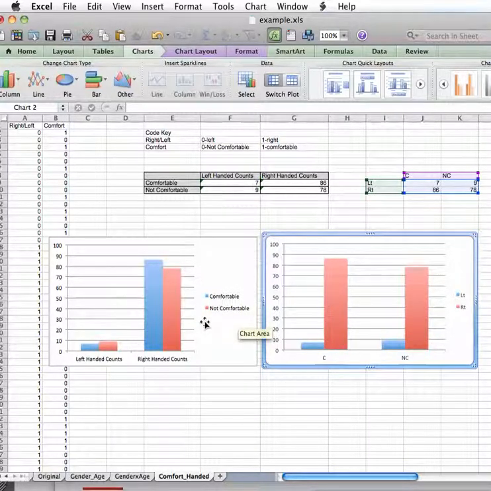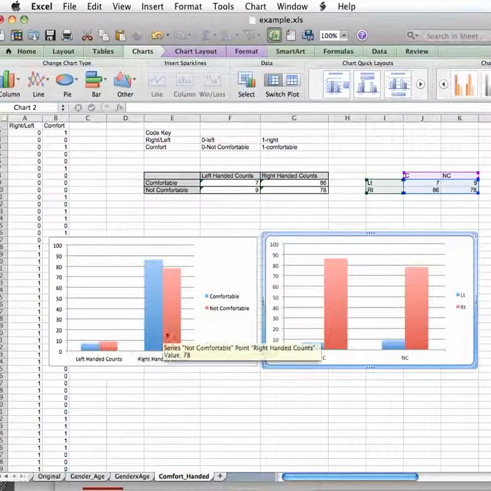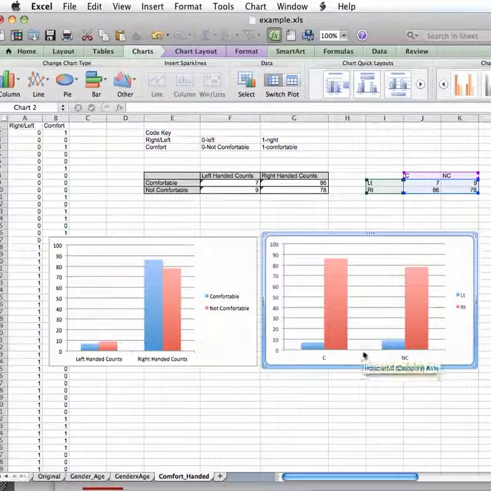I think in this particular instance it's probably more informative to see that there's not much difference between the left-handed comfortable and not comfortable and the right-handed comfortable and not comfortable, just because we have so few that are left-handed. Now the left-handed versus right-handed being comfortable and not comfortable, if we had fairly equal amounts, that would be a much more informative side-by-side bar chart.